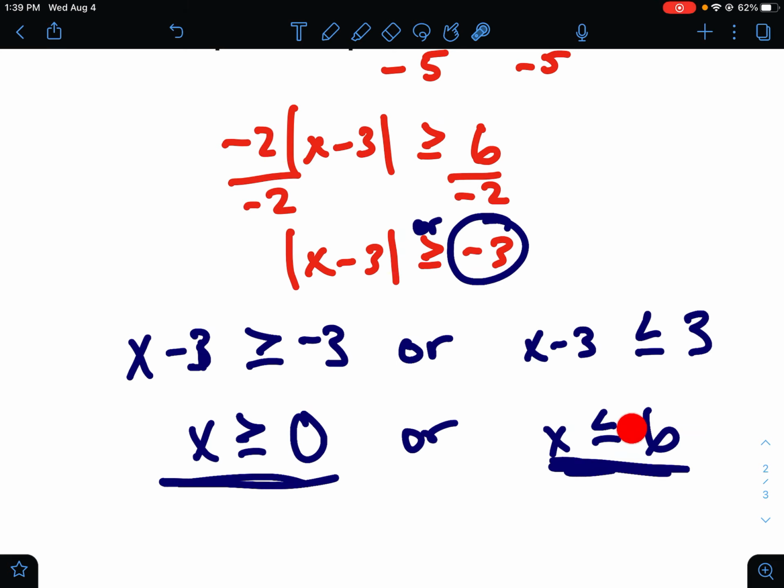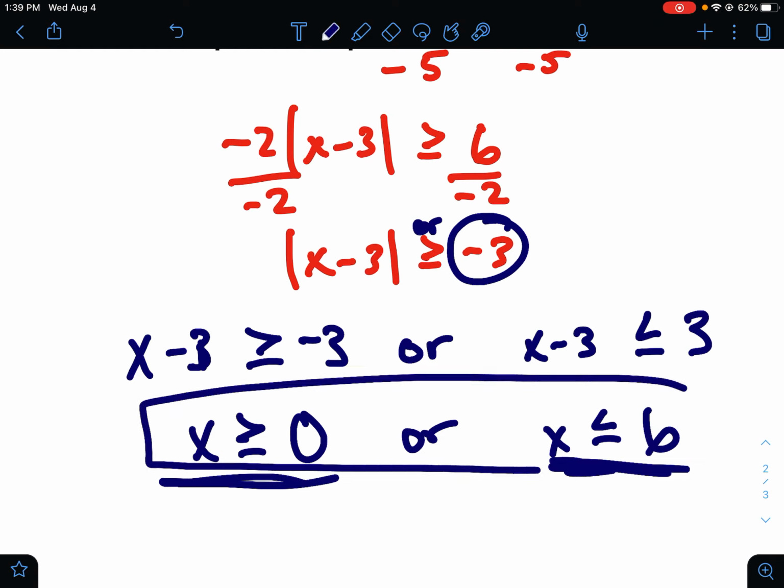Here, when I do 6, less than or equal to 6, so if I use 6, 6 minus 3 is 3. Is that greater than or equal to negative 3? Yes, it is. So both of those answers work.